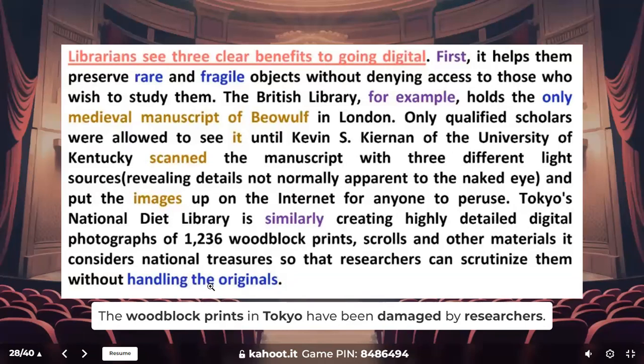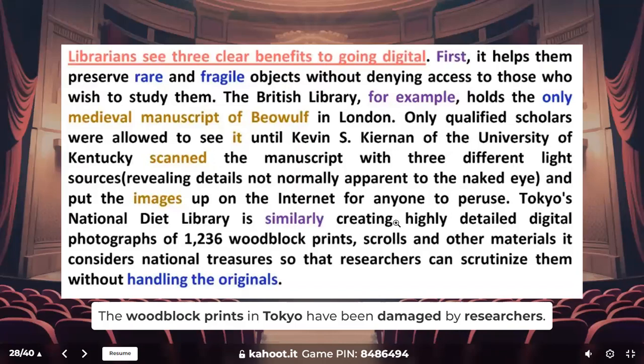Now here, there is one thing that you need to learn. The originals, are they damaged or have they been damaged? No. If we try to draw some conclusions, it means that the originals are in a safe place, right?